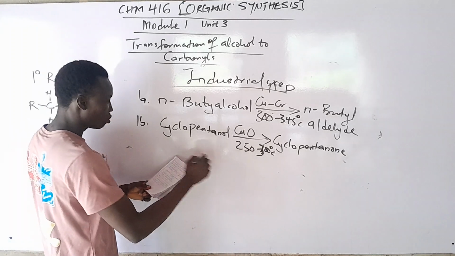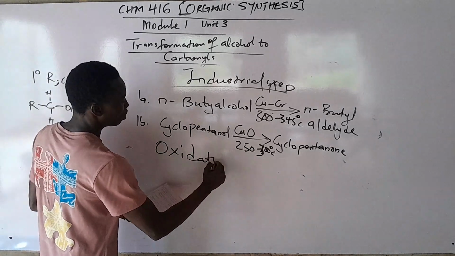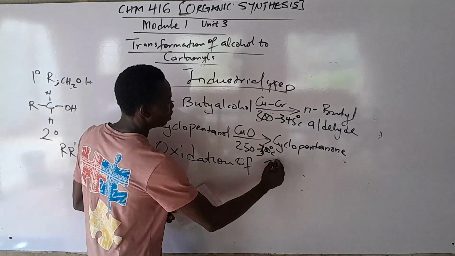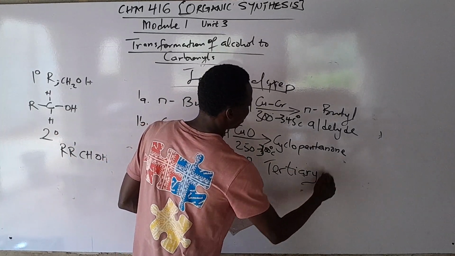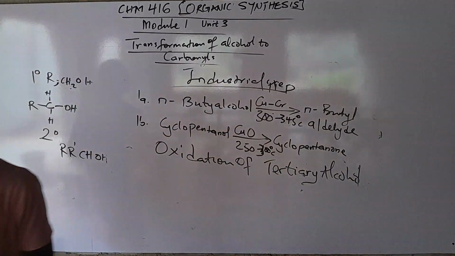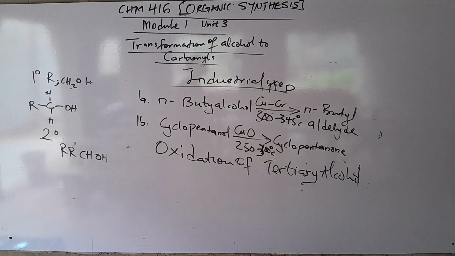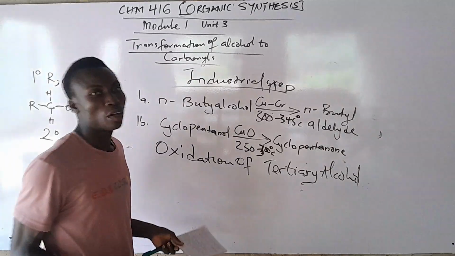Now let's talk about oxidation of tertiary alcohol. For tertiary alcohol, it should be noted that the tertiary alcohol cannot be converted to aldehyde and alkanone.